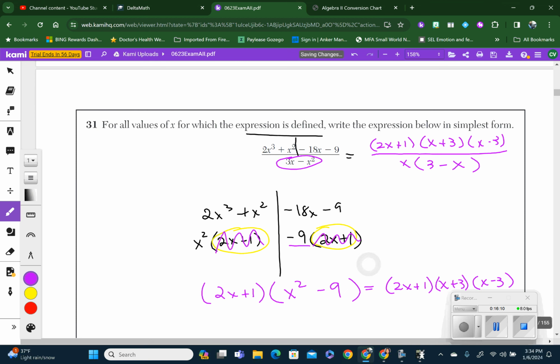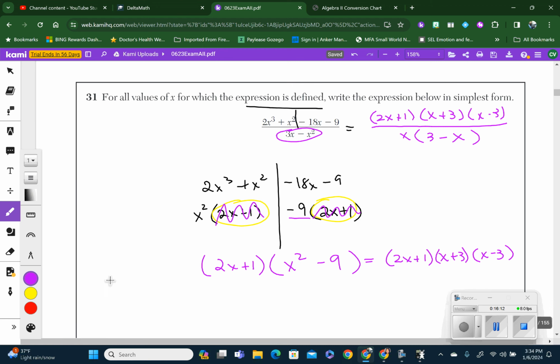All right, so now I have to look and see what can be canceled out or simplified, right? Simplest form. So I see the x's. There's no x by itself, so I can't get rid of that x. However, let me get my red pen out. This x minus 3 and this 3 minus x, they are the same thing except flipped.